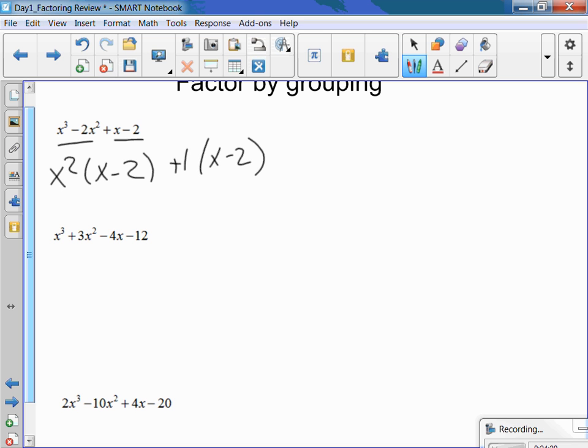Absolutely. Inside the parentheses, you are going to have that common factor. Each term here has something in common, x minus 2. And what's left over? x squared plus 1. Factor by grouping.